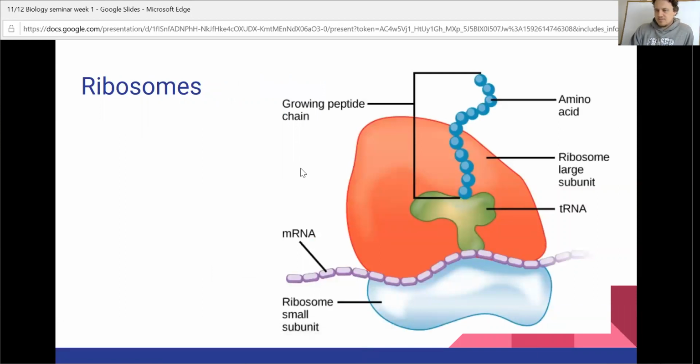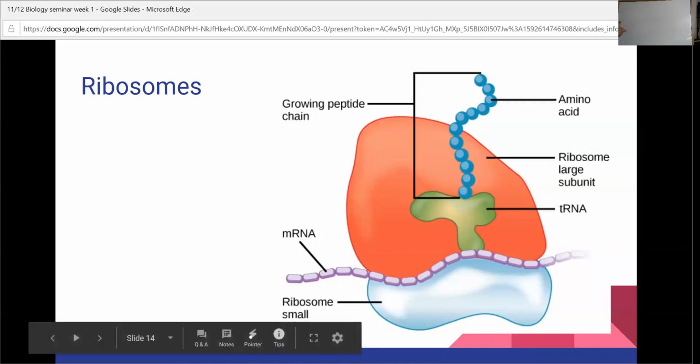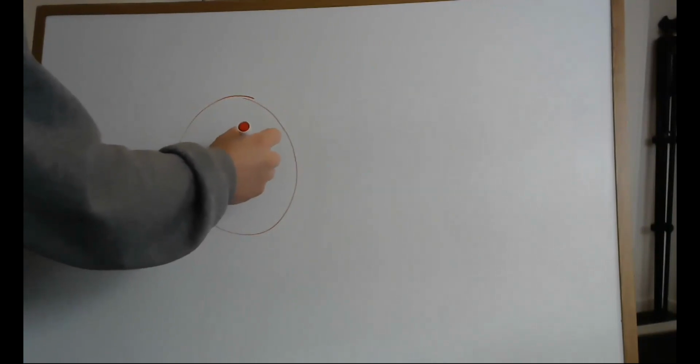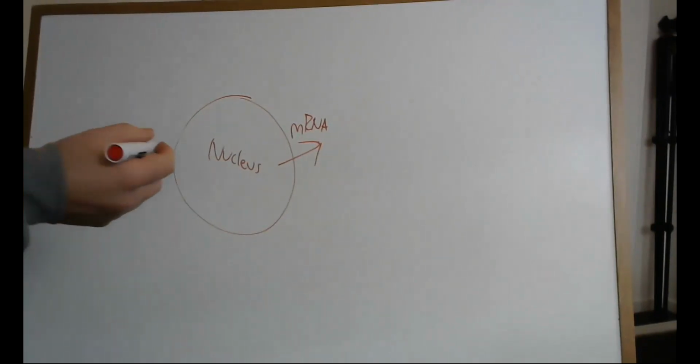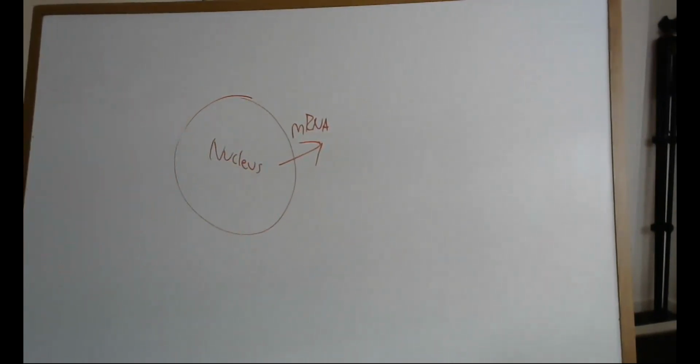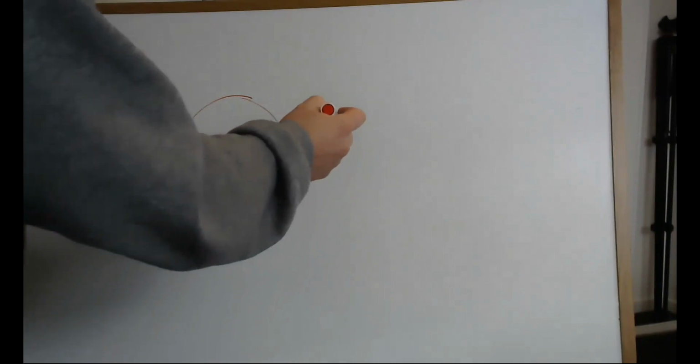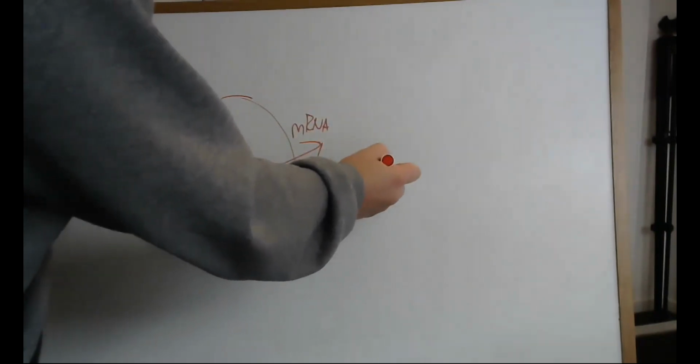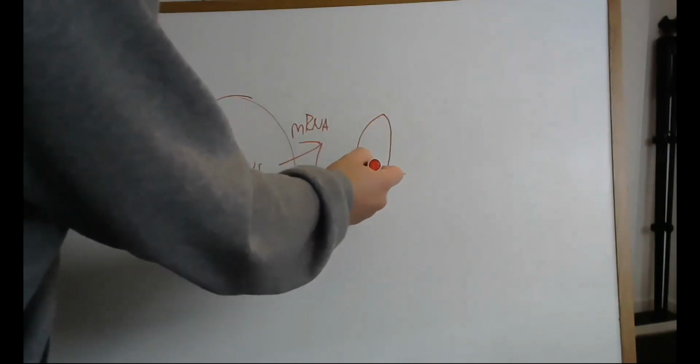So the ribosomes, based on the genetic code which is provided by messenger RNA from the nucleus, we get messenger RNA, which carries a code to the ribosomes, and the mRNA goes in this way and is read.